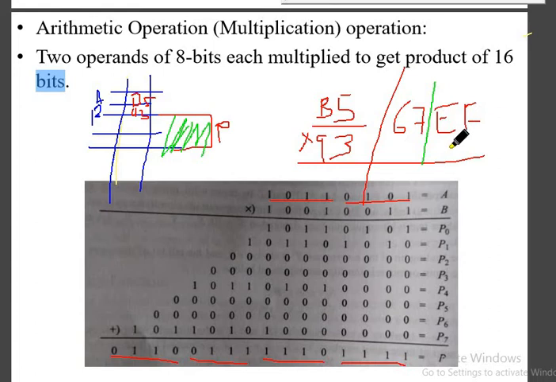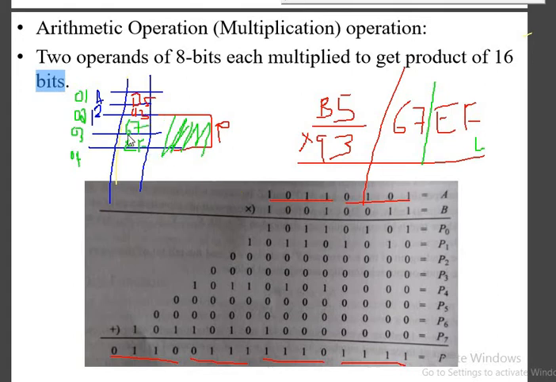If I am using little endian, take the small LSB side value and store it at the higher address. If I take this as the first address, B as the second, P is in the next 2 addresses, 3 and 4. Which is the highest between 3 and 4? 4 is the highest. There you store the smaller value for little endian, so here I will get EF, and 67 will remain, which goes into the smaller address.